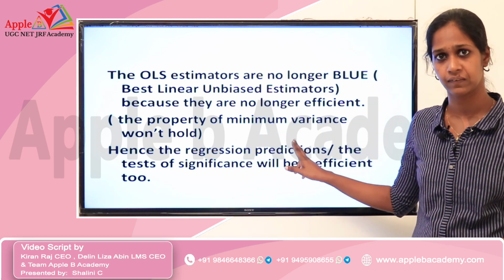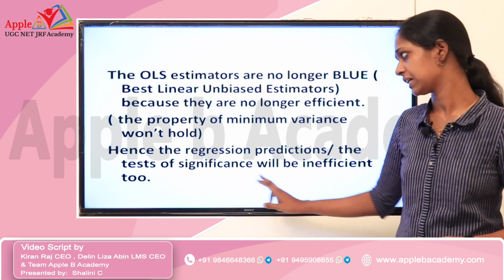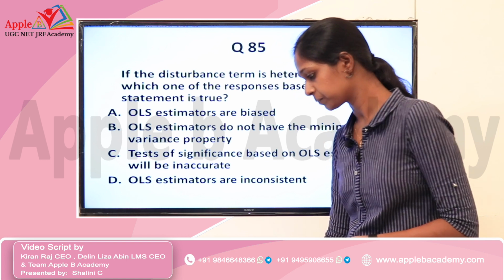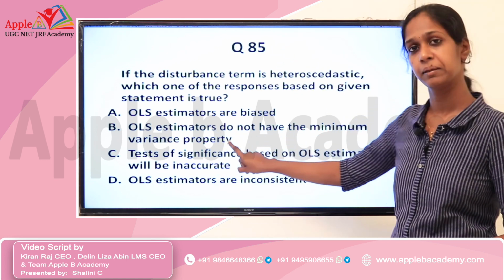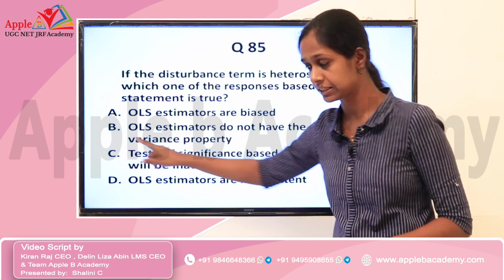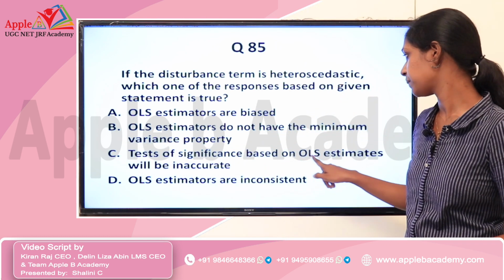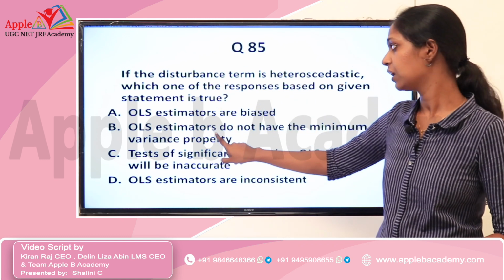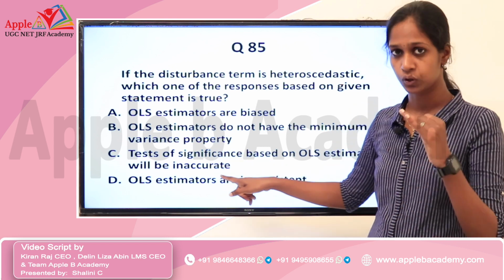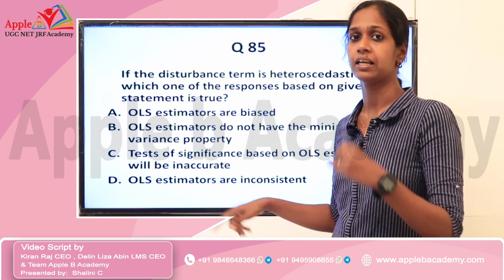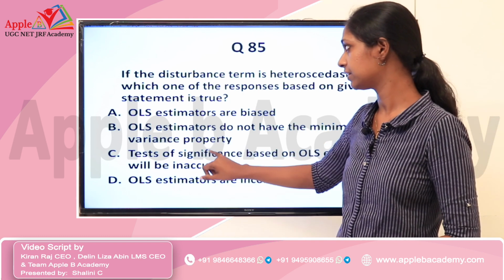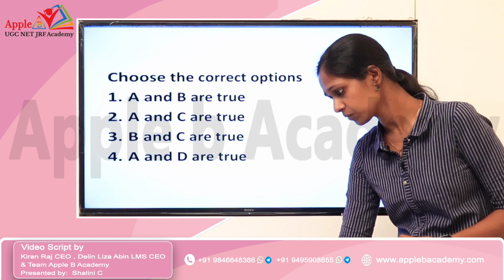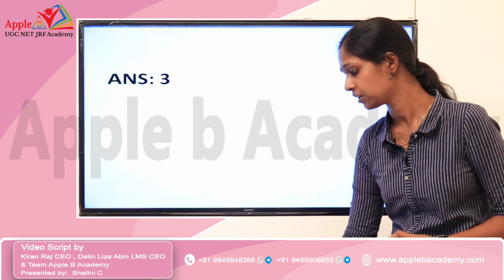So, the OLS estimators do not have the minimum variance property, that is option B, and the test of significance based on OLS estimates will be inaccurate, that is C. When the disturbance term is heteroscedastic, we neither have the minimum variance property nor can we conduct the tests that we conduct in a homoscedastic situation. So, B and C are true. We have option 3 as the solution.